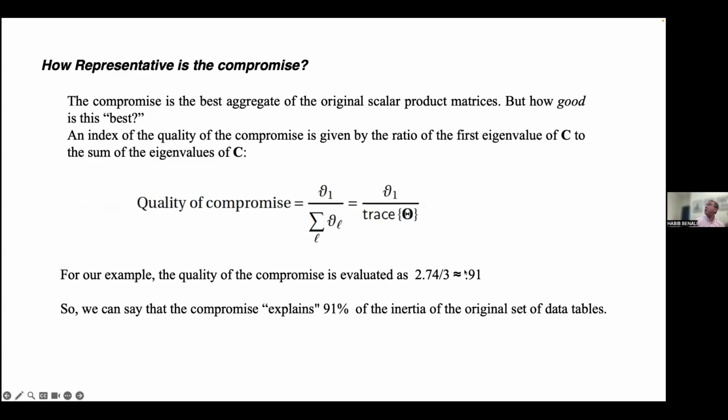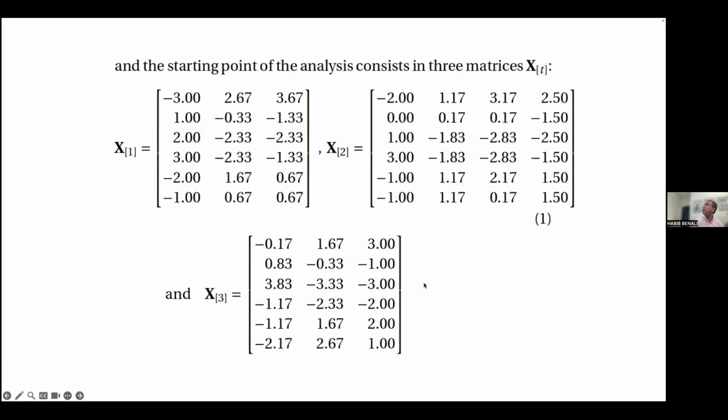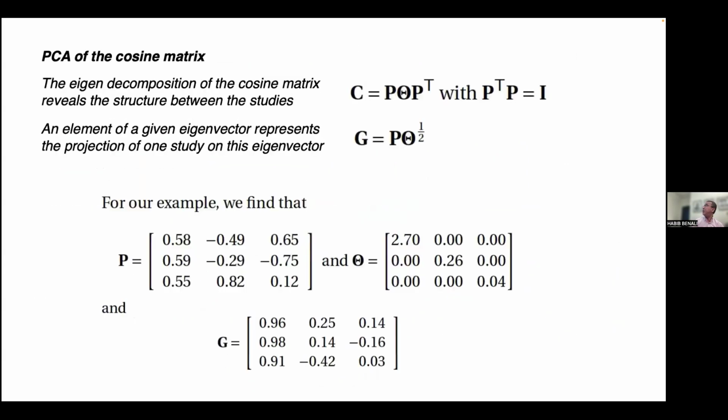It's easy to extract. If you remember, okay, let me just show you this. You remember that from the compromise, I derive the eigenvalues of the compromise, and the first eigenvalue is 2.7.